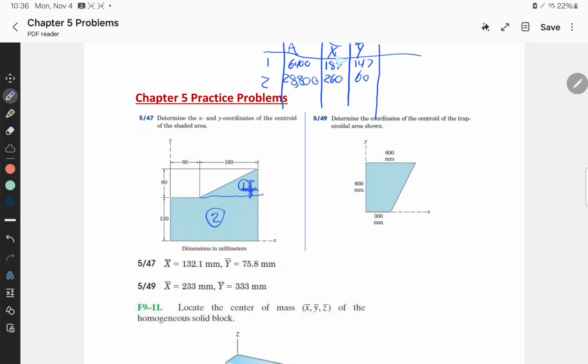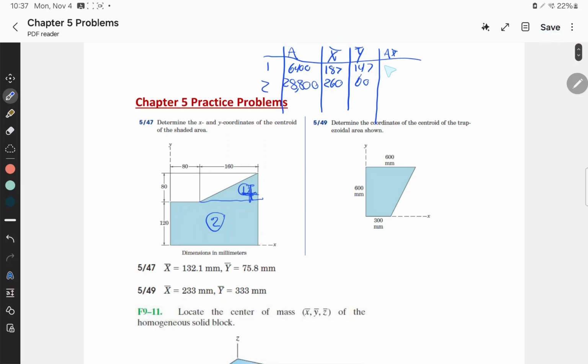Then you're going to multiply the x component by its area, and that's going to be ax. In our case, it's going to be 1,196,800 and this is going to be 7,488,000.